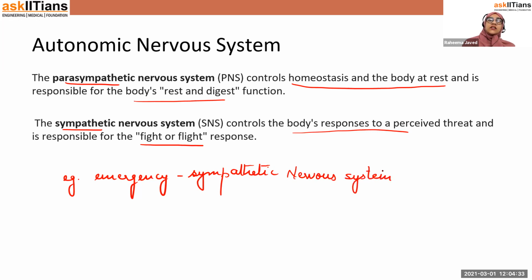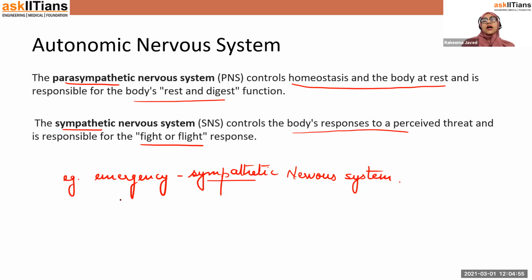And all the changes that you observe in your body during an emergency, for example, increase in the heartbeat, increase in blood pressure, your eyes become dilated, you get goose flesh on your skin, that is the goosebumps. All this is due to the changes that are made inside our body by the sympathetic nervous system.